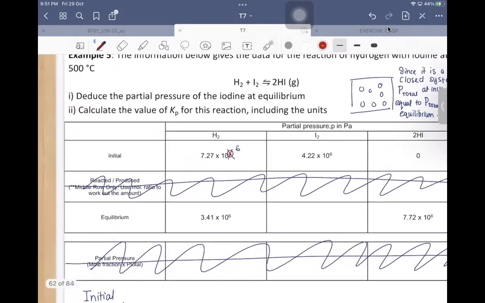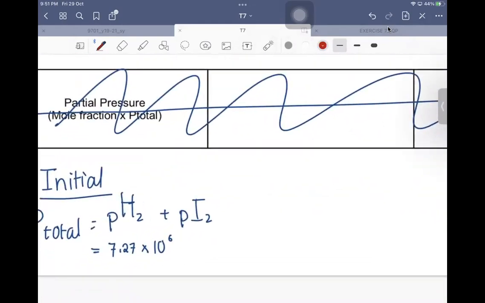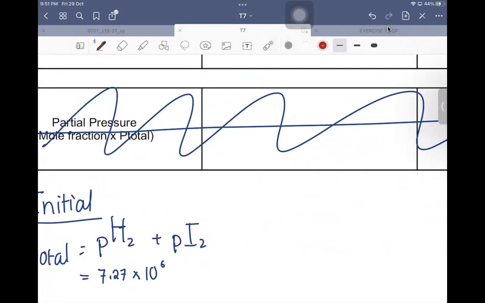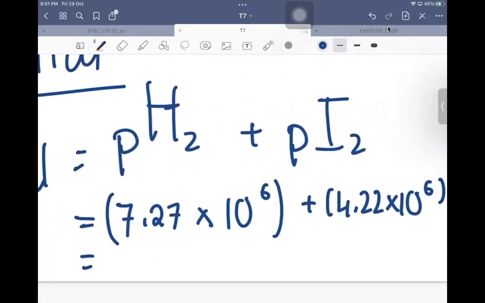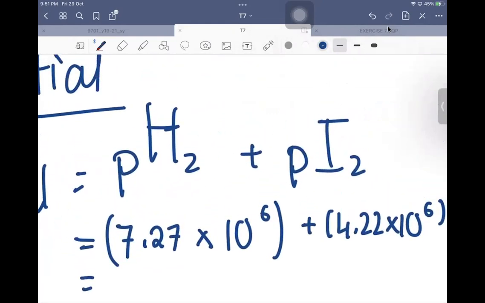Okay, continue. Plus iodine is 4.22 times 10 to the power of 6. So now since both of them are to the power of 6, what I like to do is I just add 7.27 plus 4.22 and I get 11.49 times 10 to the power of 6 Pascal.